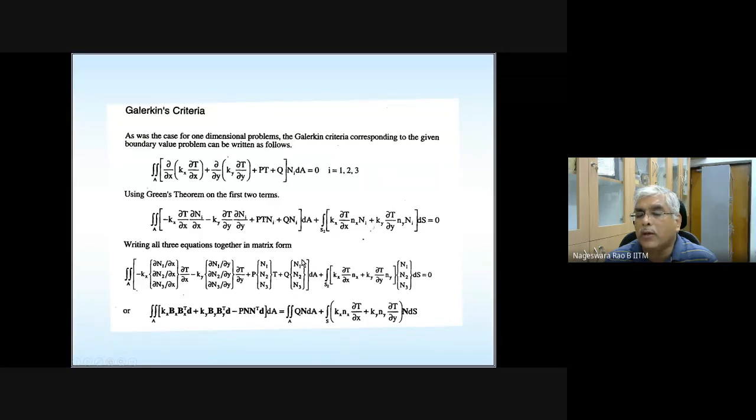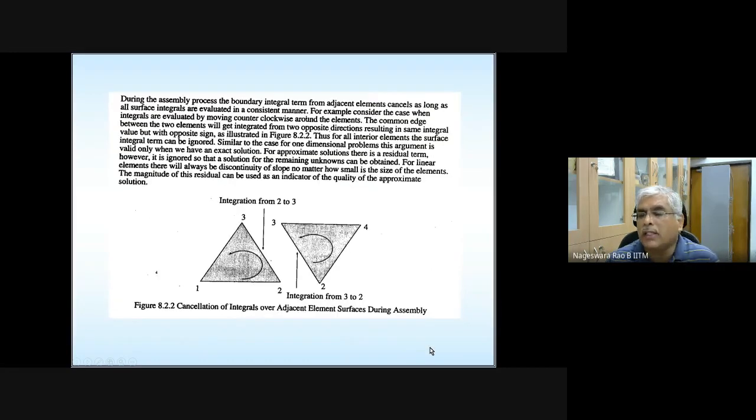So here you are going to get 4 equations instead of 3 equations. Rest of the procedure is the same. All the explanation that I gave for the 3-node triangular element is valid for the 4-node element. For the 4-node element also you need to number the nodes either consistently in clockwise direction or anti-clockwise direction. And simplification of all this is going to remain in line with what is already explained.